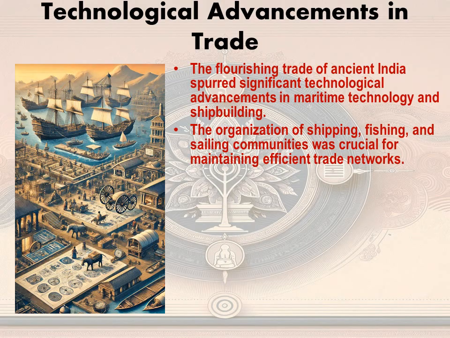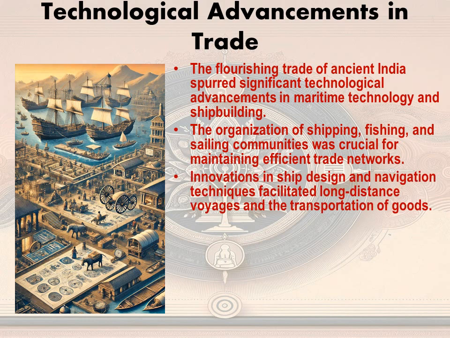The organization of shipping, fishing, and sailing communities was crucial for maintaining efficient trade networks. Since most of the foreign trade used to happen through the seas, people who were involved in activities like shipping, fishing, and sailing were considered very important, and they played a vital role in the efficient functioning of trading activities.